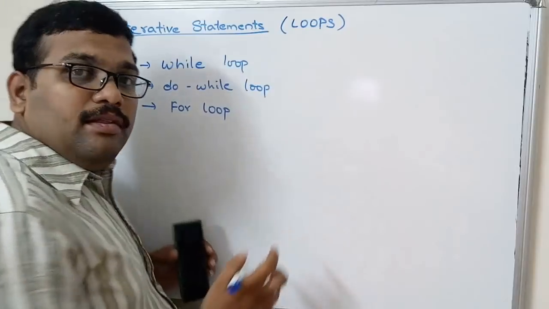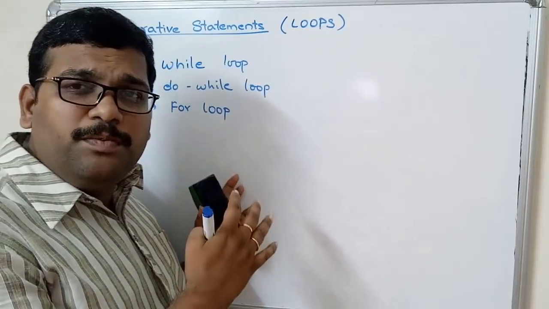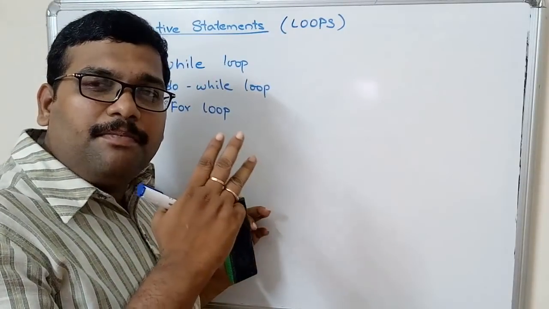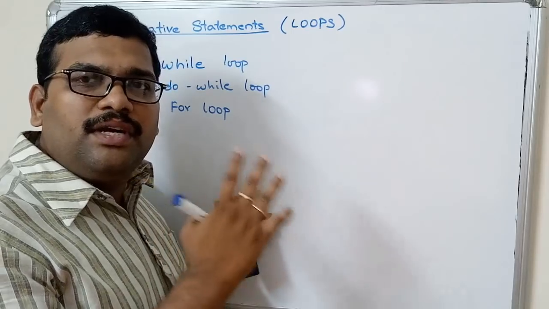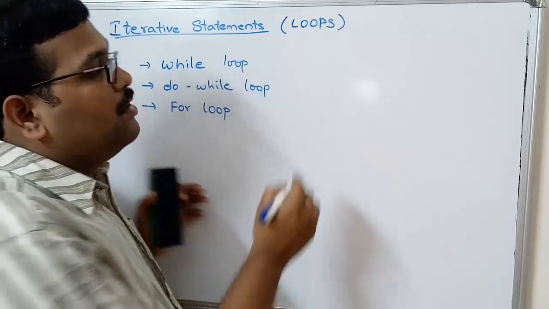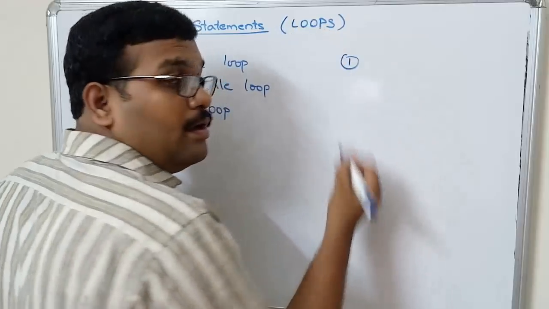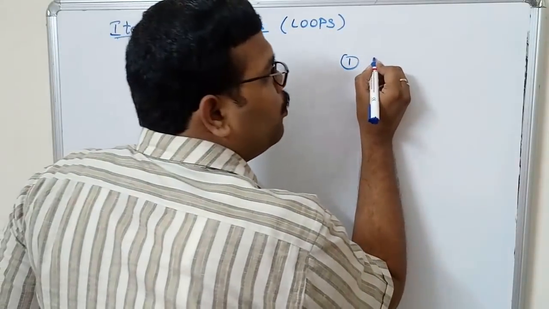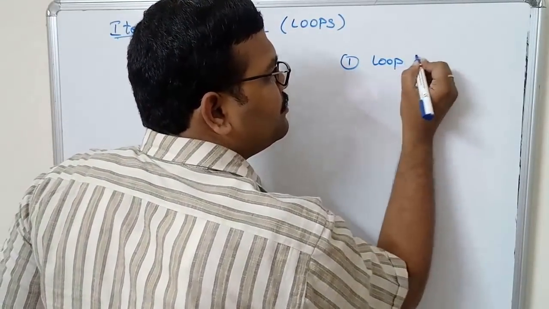So here, before going to these loops individually, there are three important things to be executed in each and every loop. The first one: there must be a loop variable initialization.